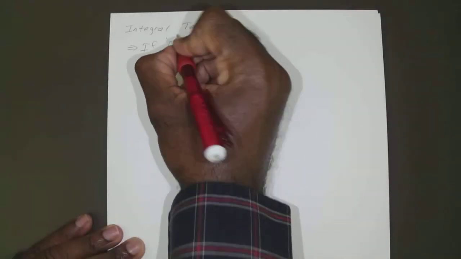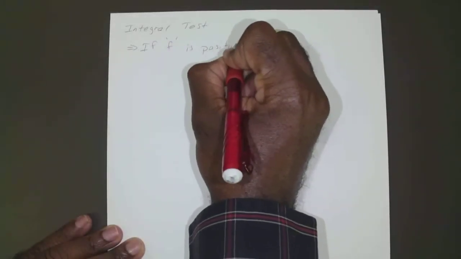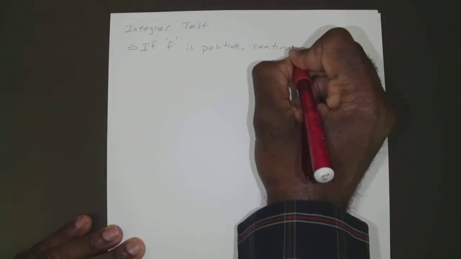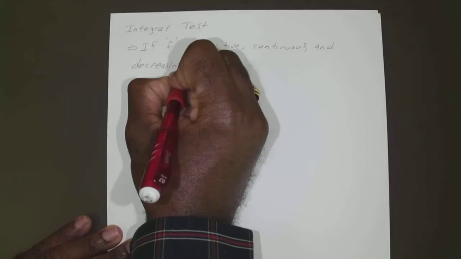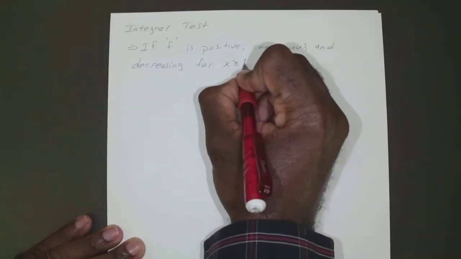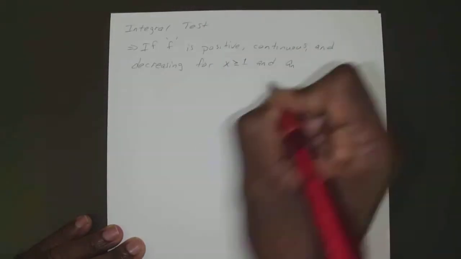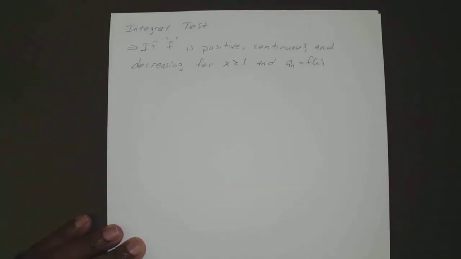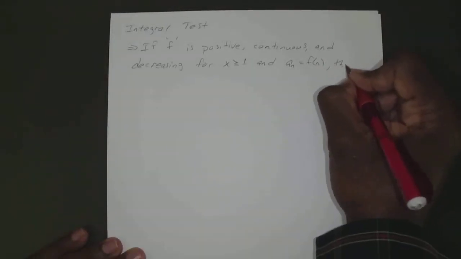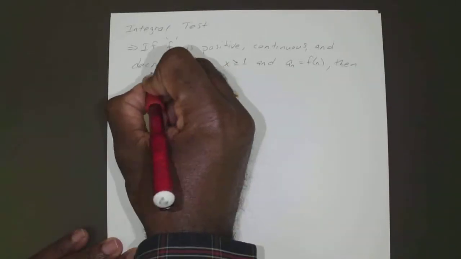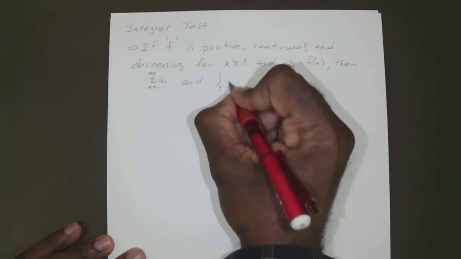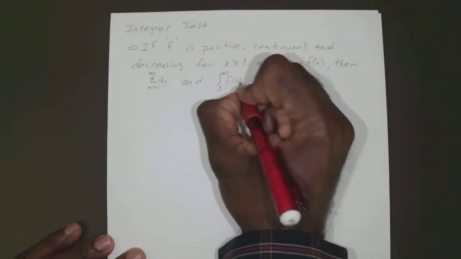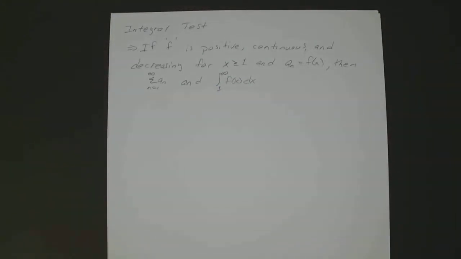Okay, and that states if some function f is positive, continuous, and decreasing for x greater than or equal to 1, and some nth term of the series is f of n, you can use f of x if you like, then the sum from n equals 1 to infinity of a sub n and the integral from 1 to infinity of f of x with respect to x either both converge or both diverge.